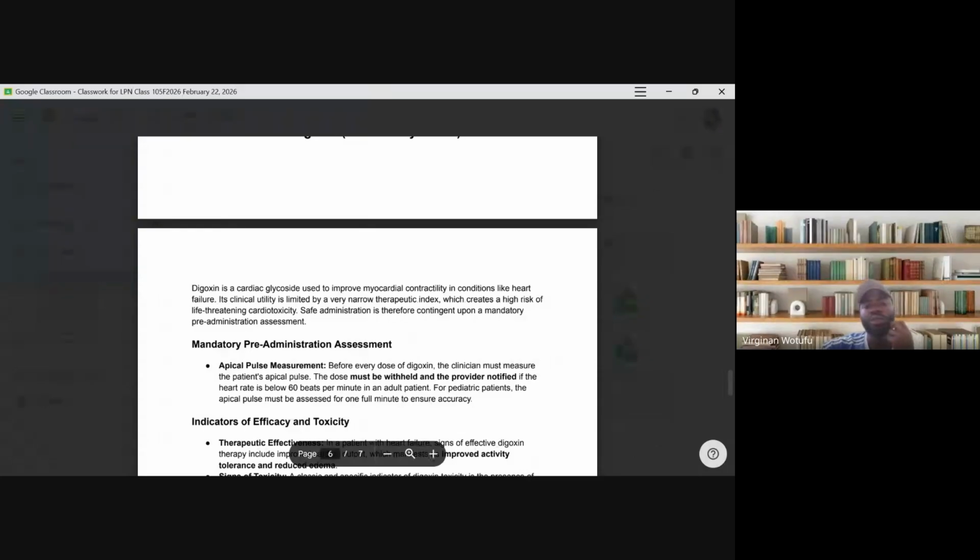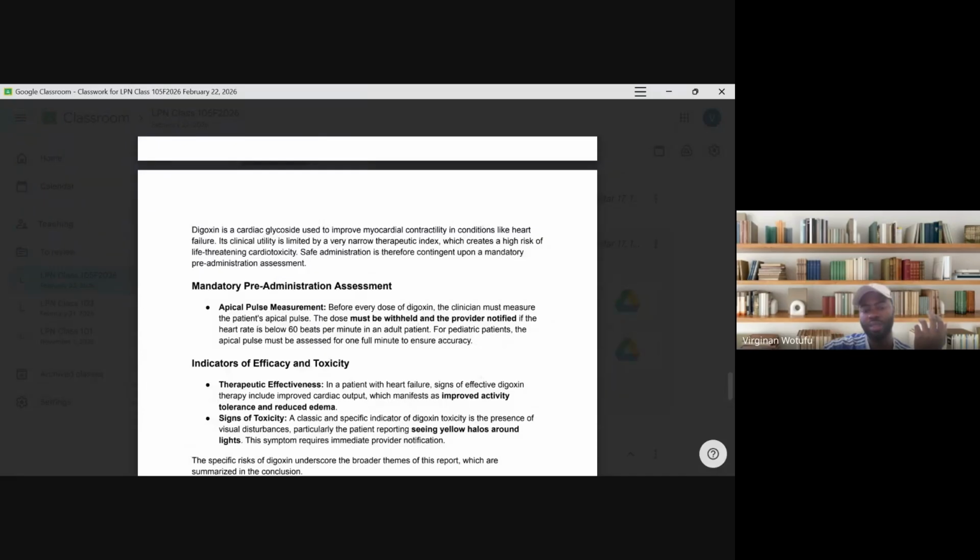So once you have done your assessment and you administer your medication, what do you do? Now you watch for indicators of efficacy or toxicity. With indicators of efficacy, you check for why the medication was administered in the first place, if it's achieving its desired effects. Since we know digoxin is a cardiac glycoside and it's being administered to treat myocardial contractility in conditions like heart failure, right?